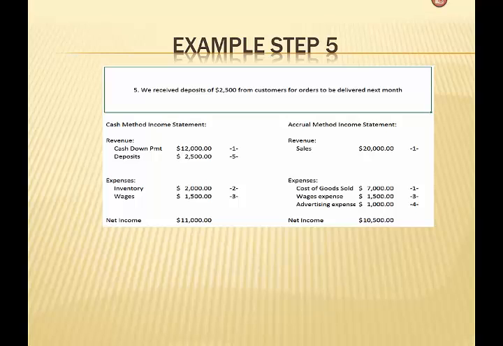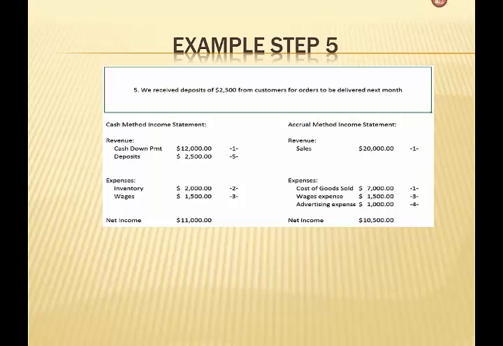It went into cash, but cash in an accrual method is going to sit on the balance sheet. So therefore, we don't recognize it on the income statement until we actually deliver those goods. And that will be something that later on, as we get the cash, we'll deal with. But it's not even recognized right now as a revenue at all because we actually have not delivered the product to the customer.